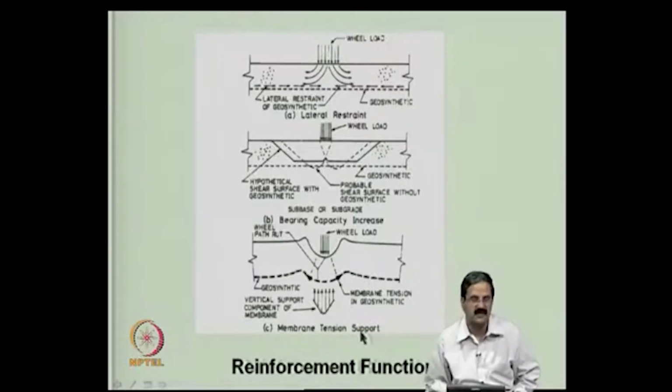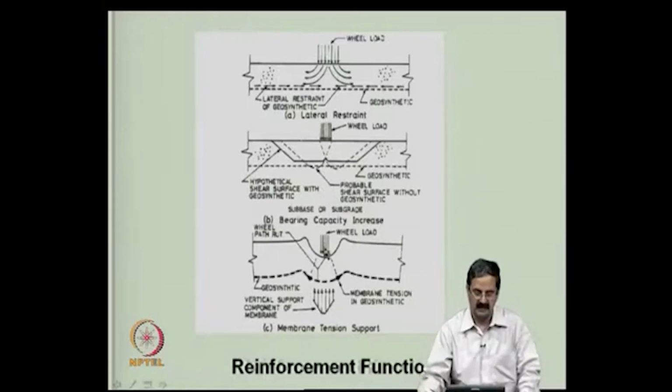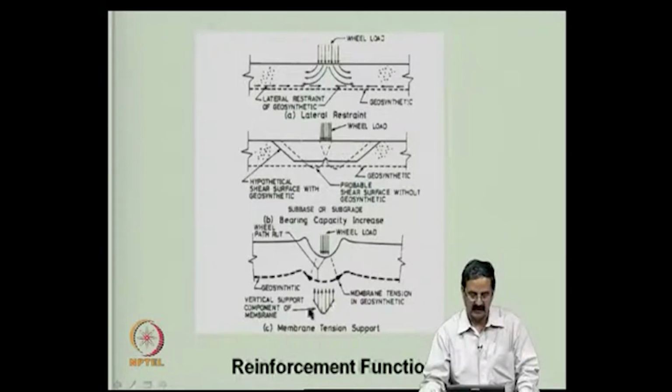Particularly in soft soils, if there is no friction between the soil and reinforcement, what happens is that when a load is applied, the tension membrane gets deformed, and the force in the membrane acts like this: the vertical support component of the membrane resists the load from the top.